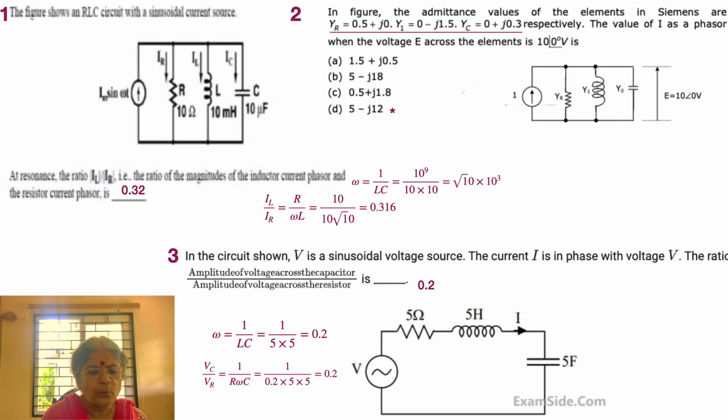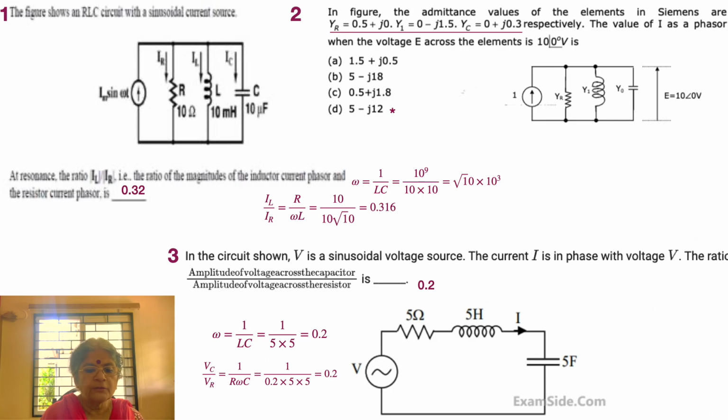Okay, so now let's move on to the next problem, where we have a similar question, where we are having a sinusoidal voltage source V feeding a resistor, inductor and capacitor, each of them having equal numerical values, that is 5 ohms for the resistor, 5 henry for the inductor and 5 farad for the capacitor.